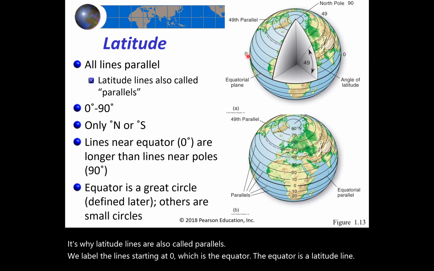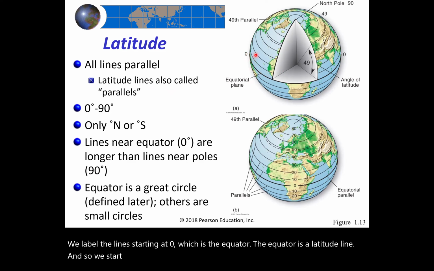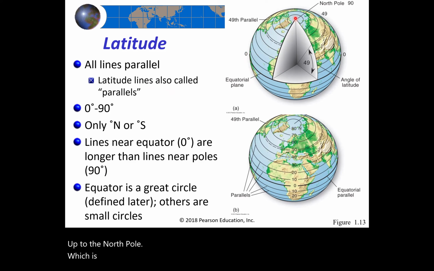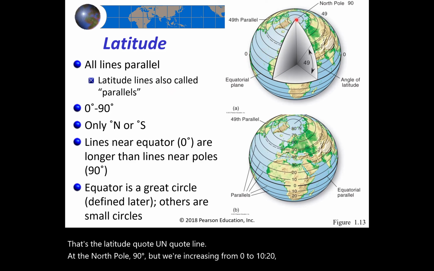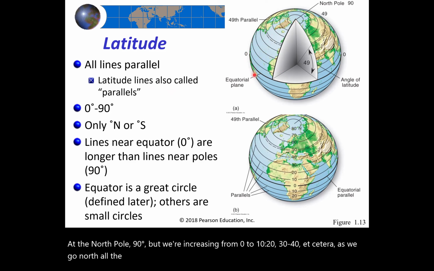And so we start at 0 and we are either heading north up to the North Pole, which is 90 degrees. That's the latitude, quote unquote, line at the North Pole, 90 degrees, but we're increasing from 0 to 10, 20, 30, 40, etc. as we go north, all the way up to 90, and 90 is the max.